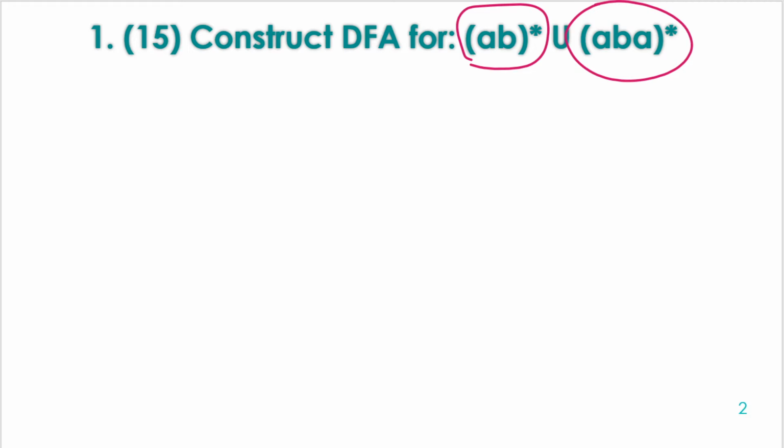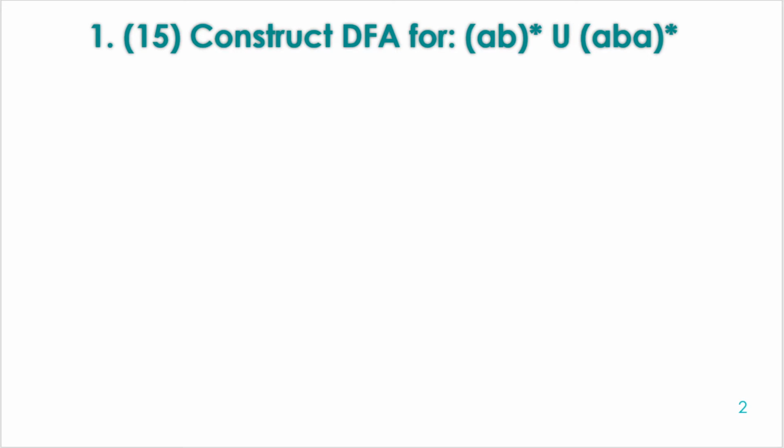And as both patterns have a star, meaning 0 or more, the initial state will be the final state because null is acceptable here. So starting with the DFA construction, just draw the initial state as the final state, Q0.